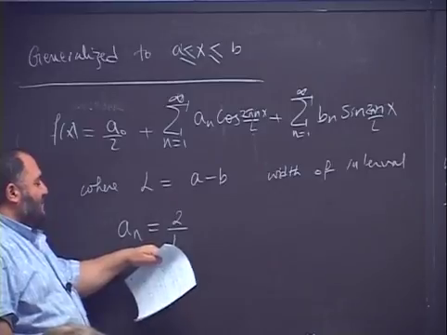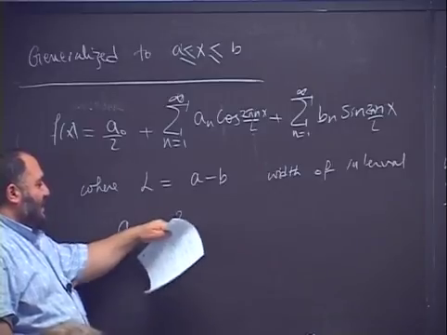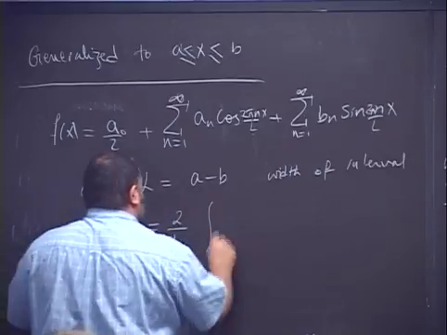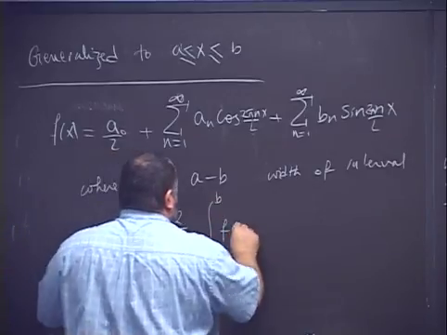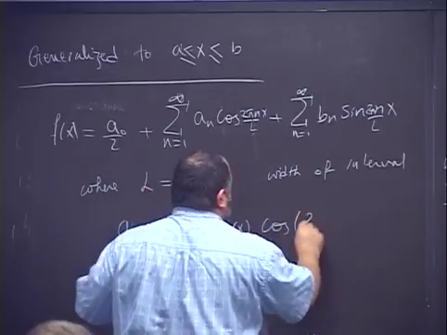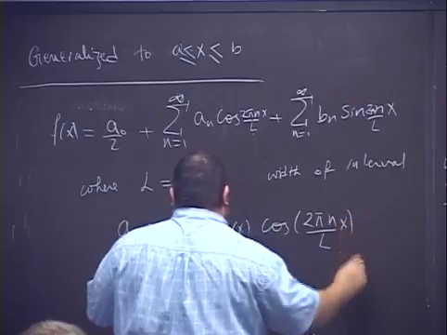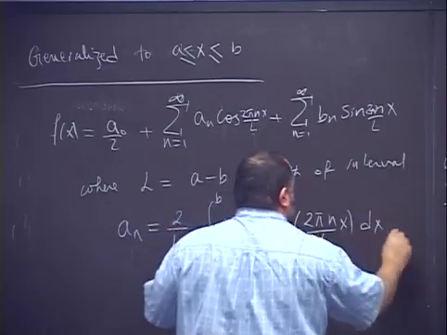So if L is 2 pi, and here is 2, they will cancel out, and you will end up with pi here, and this is the integral from a to b of f of x cosine 2 pi n divided by L multiplied by x dx.